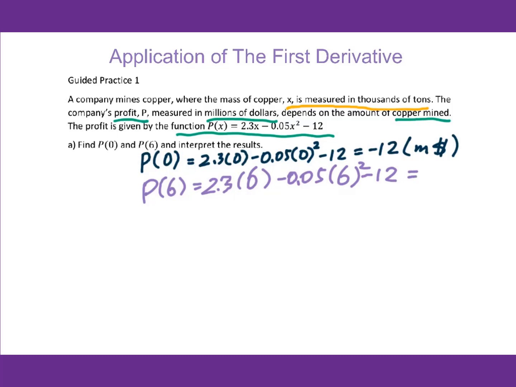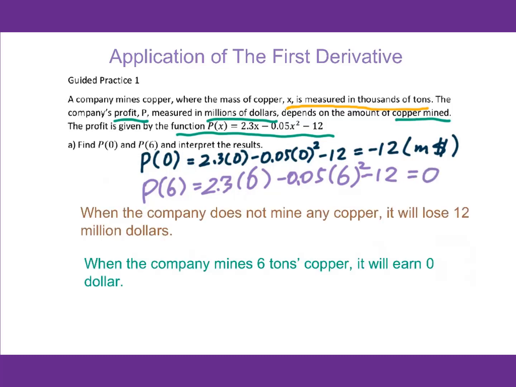We put into calculator, you will get 0. The meaning for P of 0: when the company doesn't mine any copper, it will lose $12 million. When the company mines 6 tons copper, for P of 6, it will earn $0.